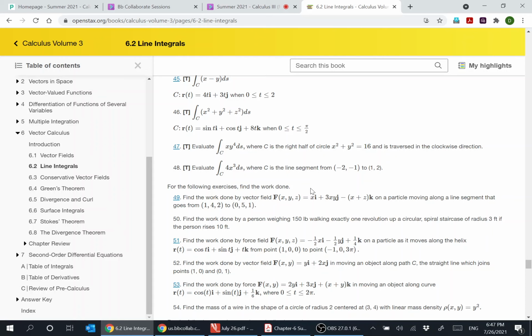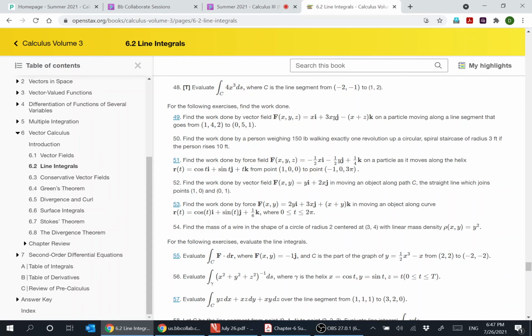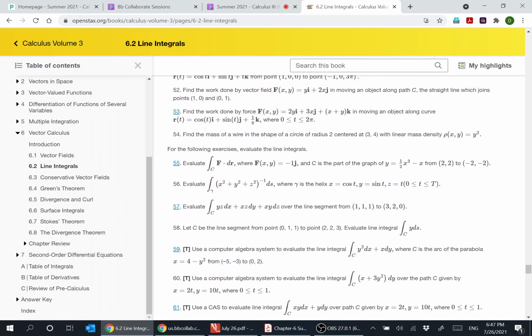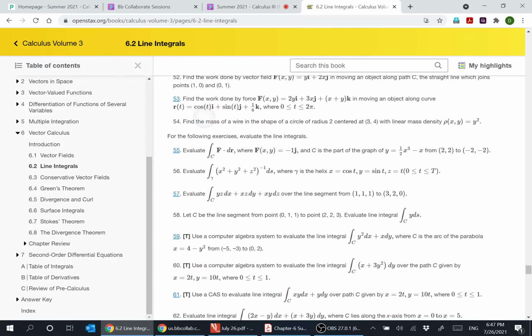So there's plenty of examples in here for this. Let's take a look here. So 53, I think we did that one. So 57, now I believe this one is conservative. So let's see, the partial of x, y, z with respect to x is that.